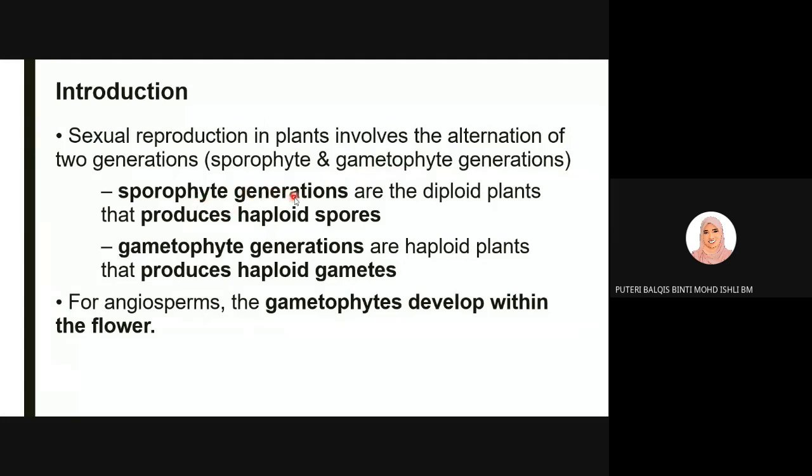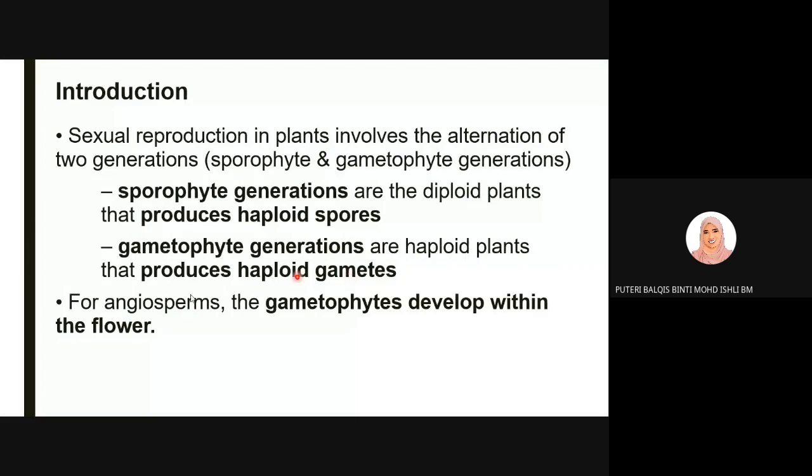Sporophyte generation is the diploid generation; they are diploid plants and they will produce haploid spores. Gametophyte generation, haploid plants produce haploid gametes. Kita ingat sporophyte produce spore, gametophyte produce gamete.